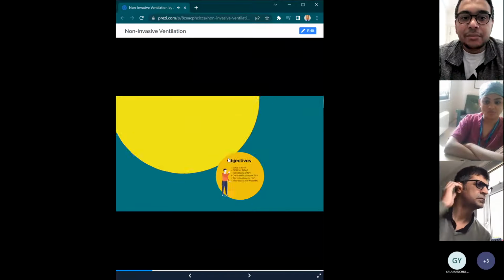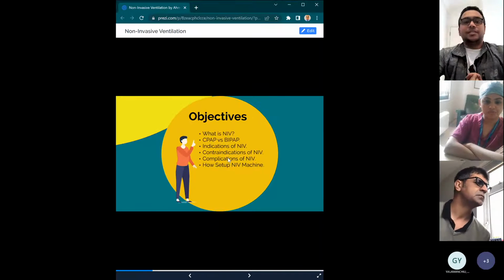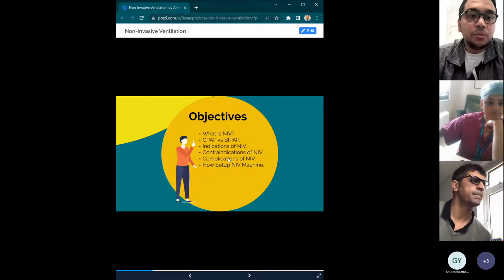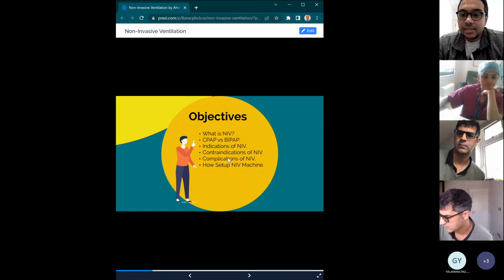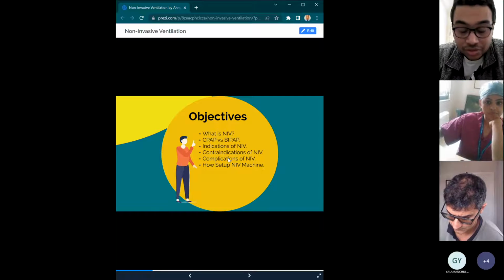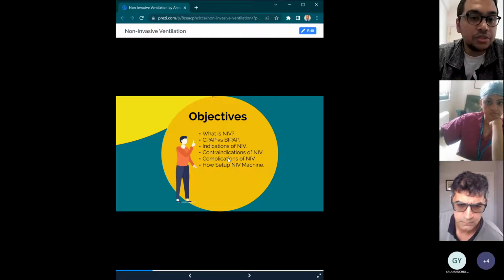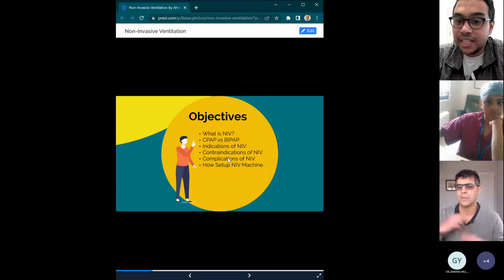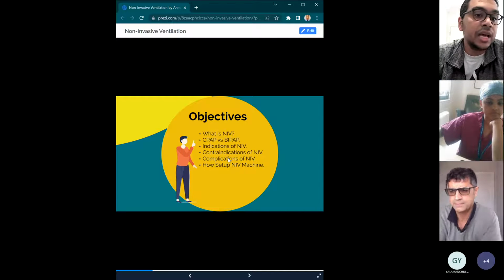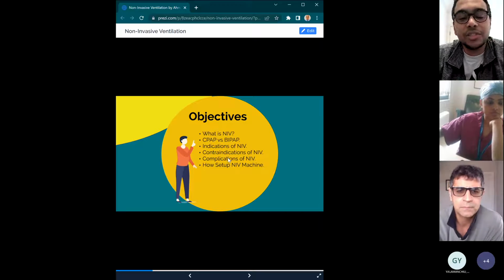So mainly these are the objectives that I'll try to cover today. What's NIV, CPAP versus BiPAP, indications of NIV, contraindications or when not to use NIV, complications or the side effects that can happen with NIV, and how to set up a machine.